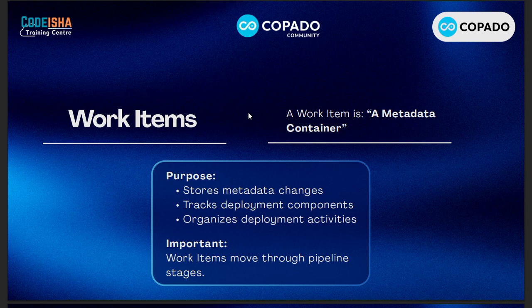Inside the work items, whatever changes or upgrades we make to the metadata are stored in the work item. It also tracks the deployment components and organizes the deployment activities based on status. Here is the key note for the work item: it moves through the pipeline stages, like developer, admin, release manager, and the QA team. So let's see.